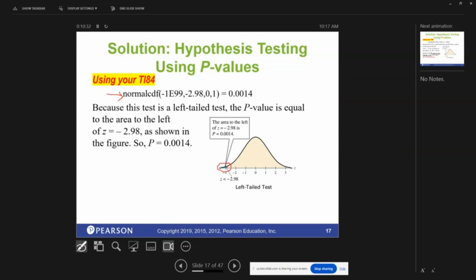Since this is a left-tailed test, there's no bound on the left. So your lower limit is negative 1E99, and the maximum is that Z-score you found, negative 2.98. And then you've got mean of 0, standard deviation of 1. That gives you 0.0014.